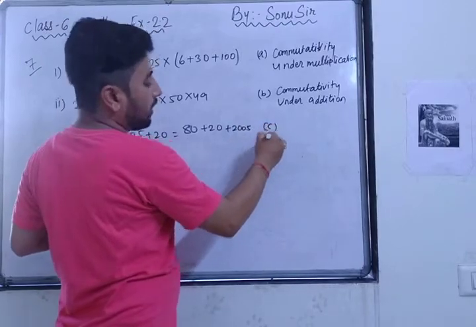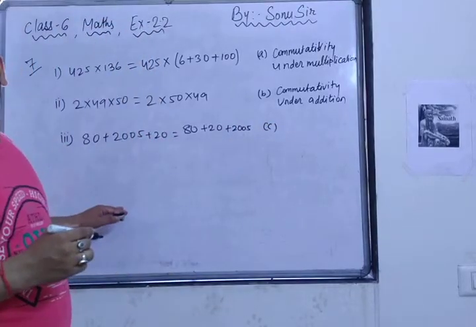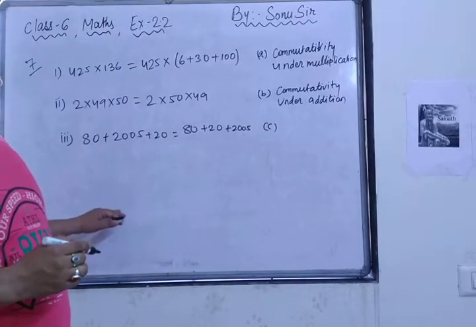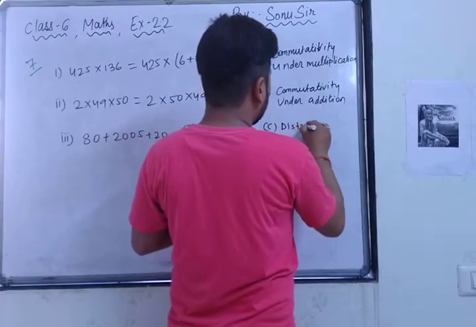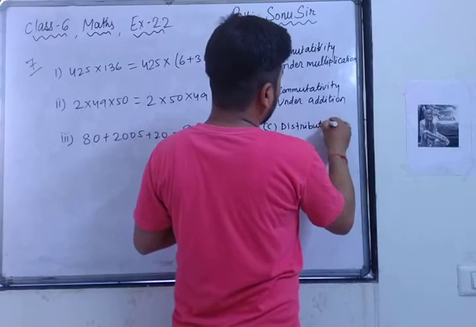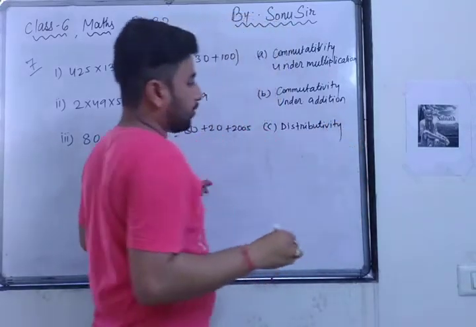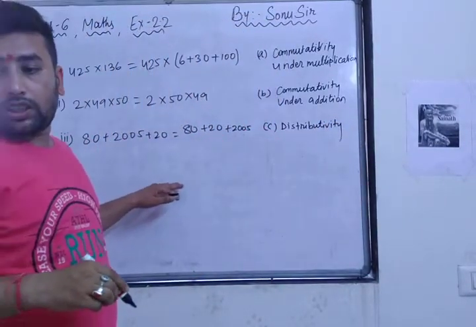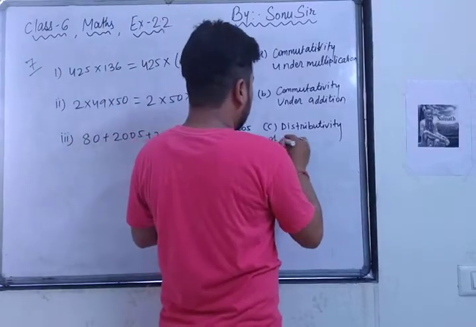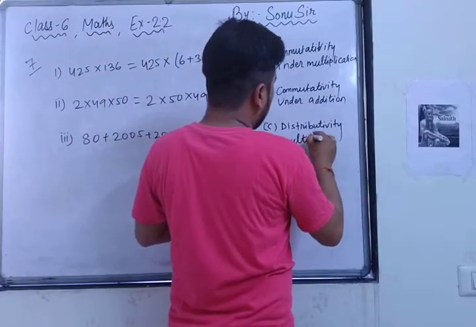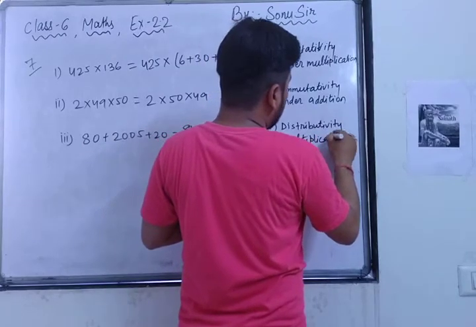And option C is distributivity of multiplication over addition.